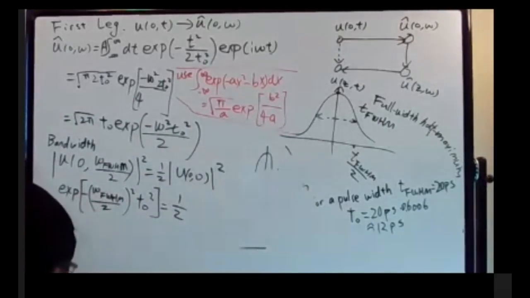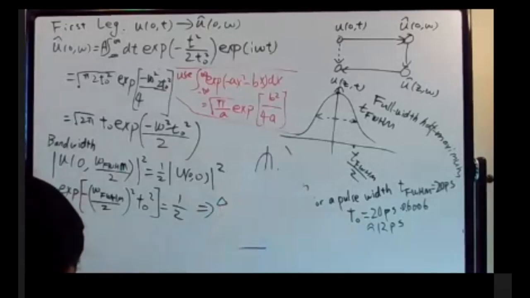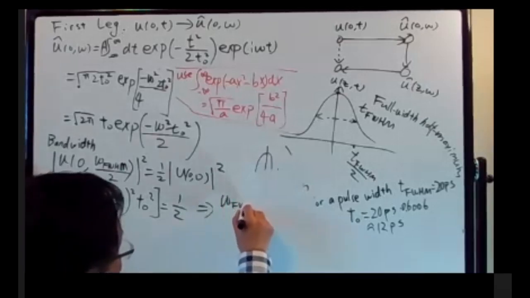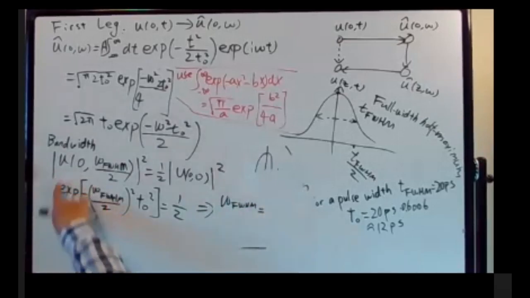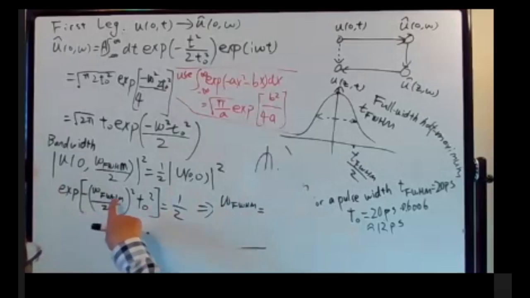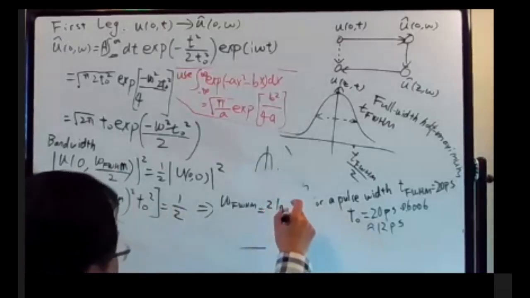Okay, so it's almost a similar equation. Omega full width half maximum equals, we take a natural log, and then we move the t naught to the right hand side, take a square root and put the factor of 2 on the right hand side. So this is 2 square root of natural log 2.